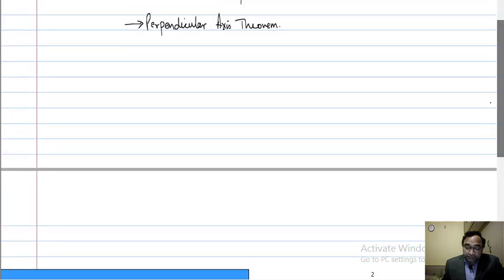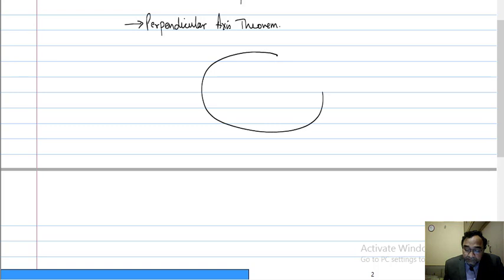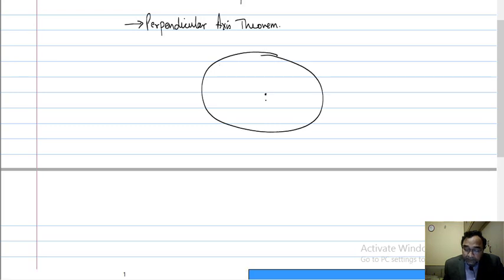Let us visualize this. I am taking one body like this. This is the central axis. Now, in this case, what we are trying to do is we have to take two axes which are mutually perpendicular to each other.